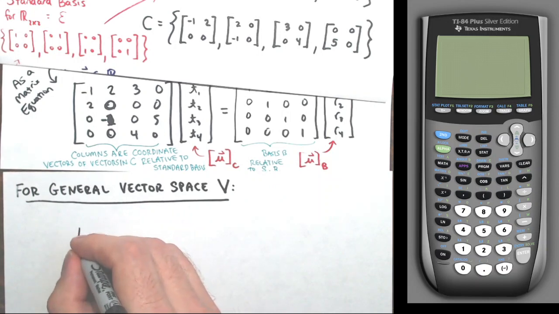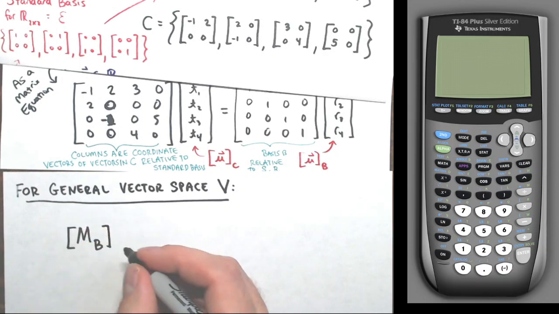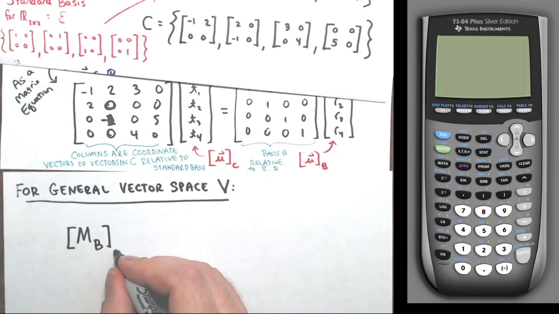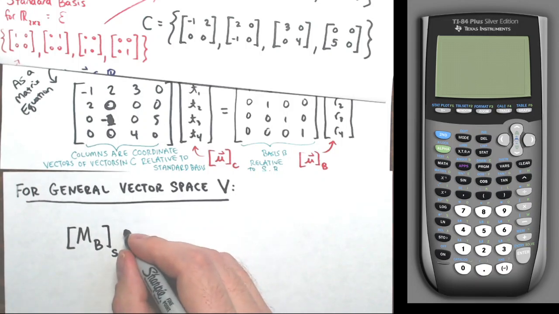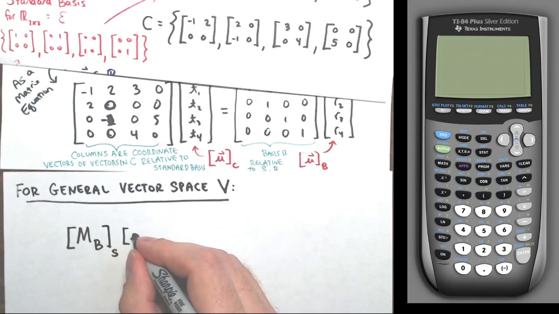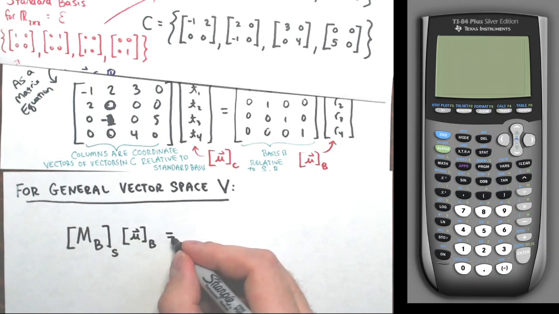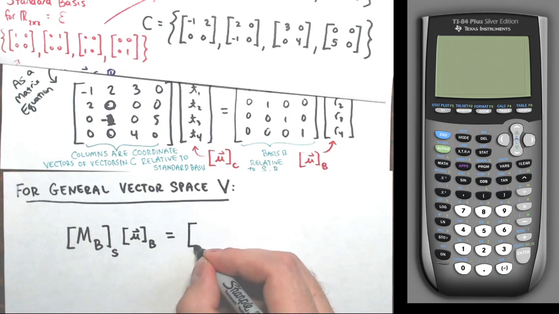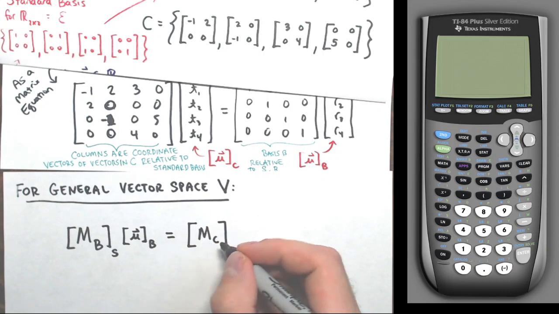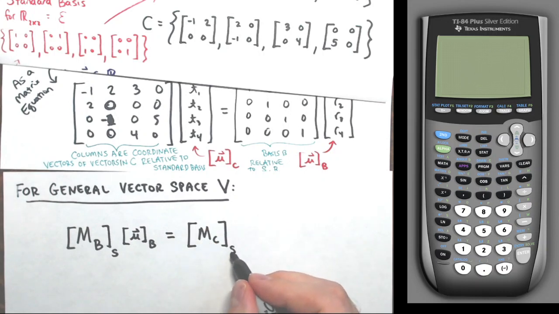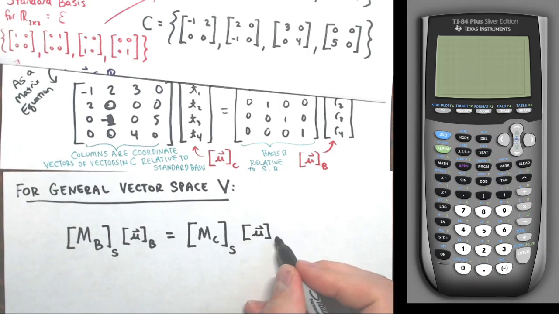I'll call this matrix M_B, the coordinates of B with respect to the standard basis, and S is the standard basis, times the coordinates of a vector u with respect to B should be equal to a matrix, say M_C, where again the coordinates of basis C with respect to the standard basis, times the coordinates of a vector u with respect to C.